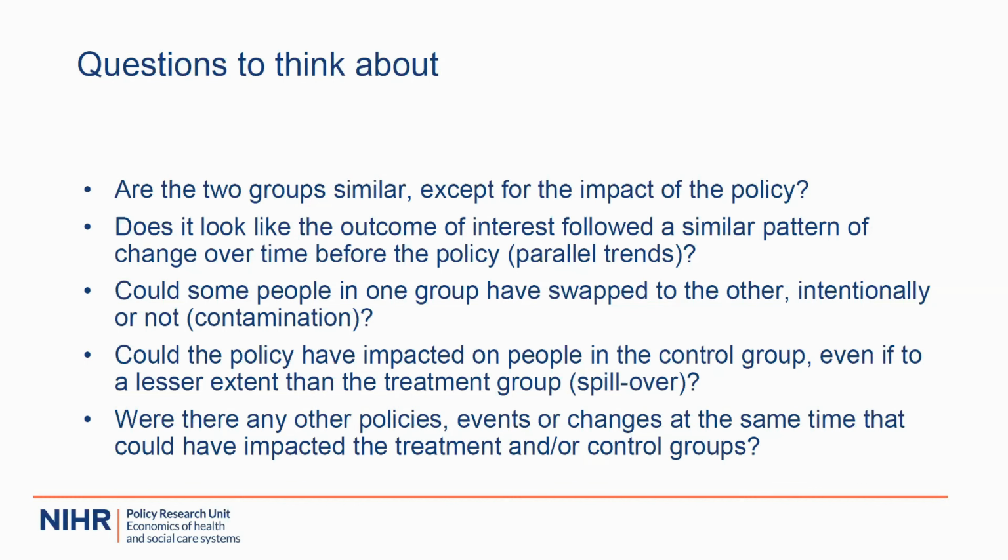And lastly, were there other policies or events that changed at the same time as the policy we're interested in, which could impact the treatment group or the control group? Because again, we're trying to look at the difference in differences. So how different are these two groups in the post-policy period, after the policy has come in? And we're trying to be as confident as we can that, again, only the policy has changed.